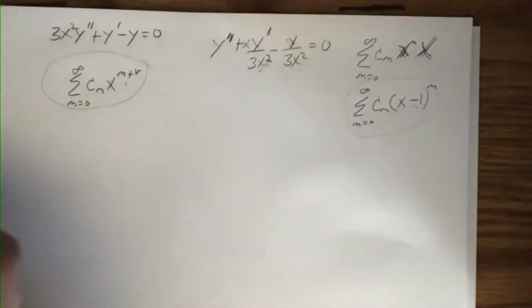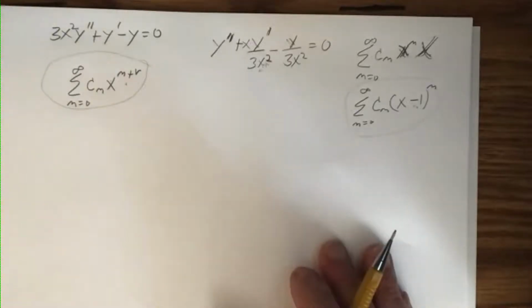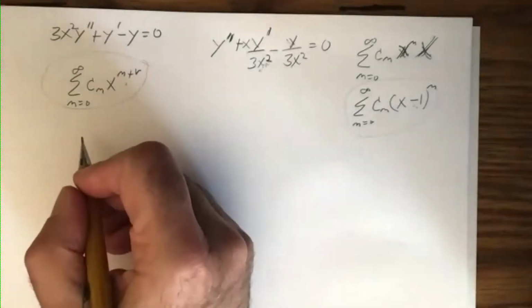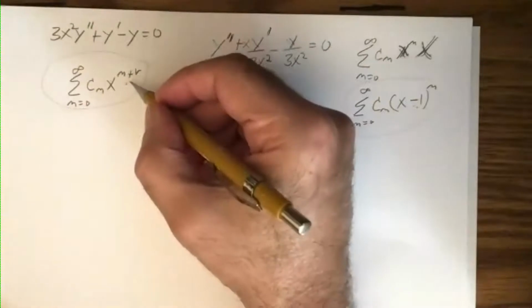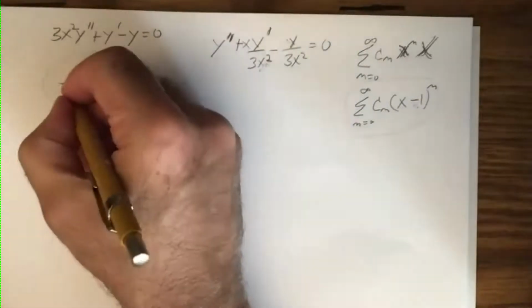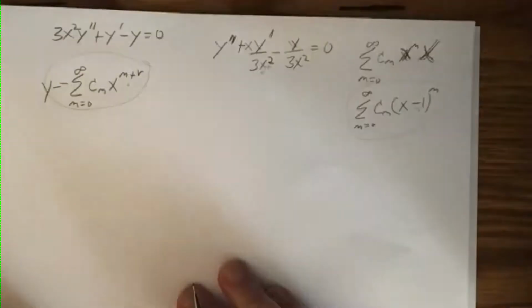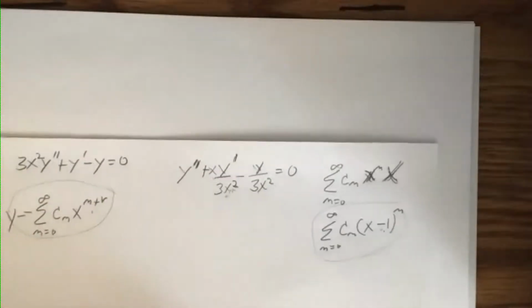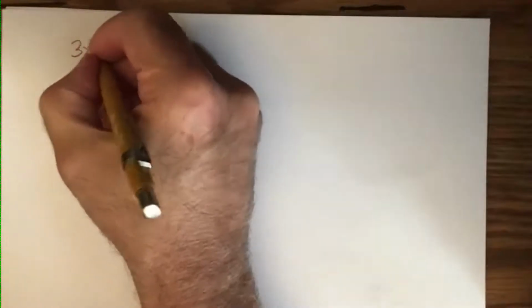Okay, so now we're going to assume a solution of this form. Let me actually start on a different sheet of paper. Okay, so now let's see, how do we solve this?